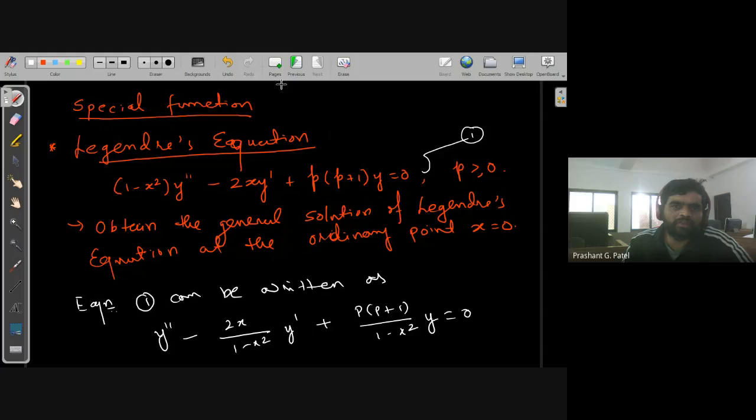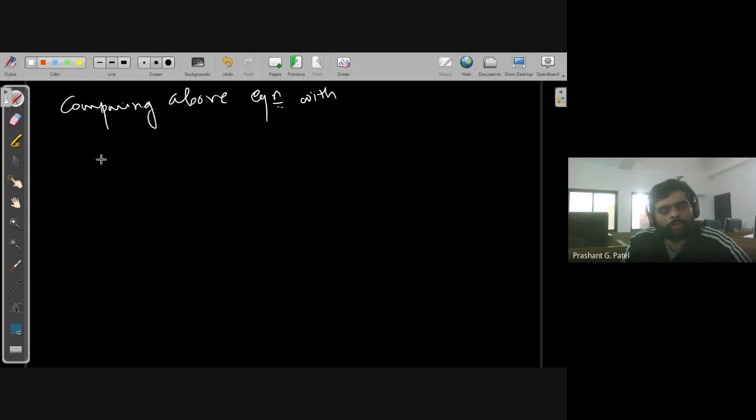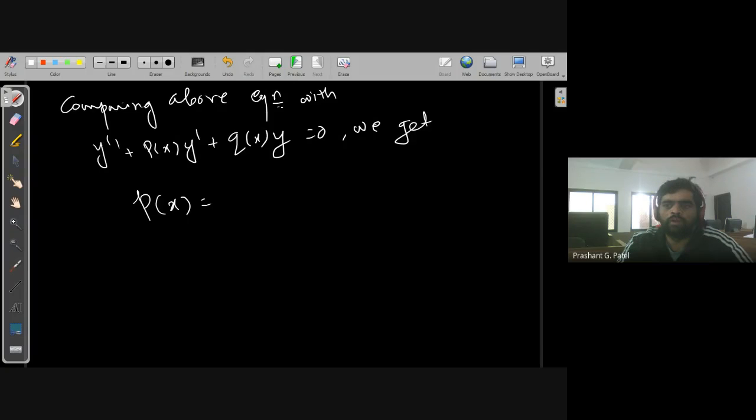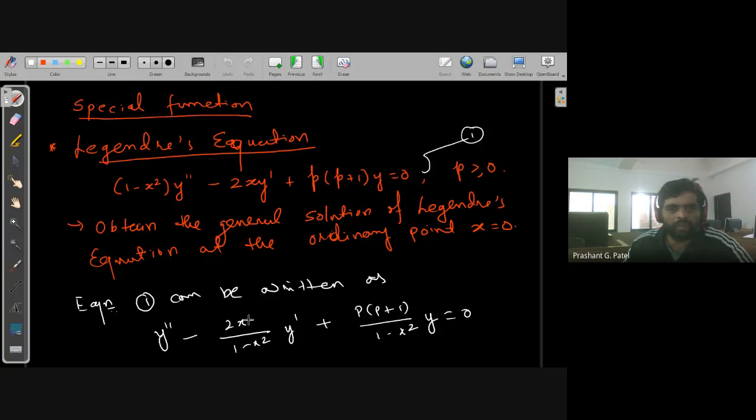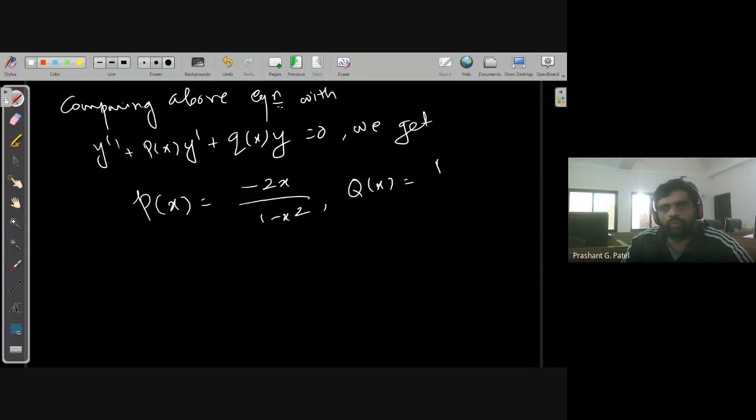Comparing the above equation with y double dash plus p of x y dash plus q of x y equal to 0, we get p of x equal to minus 2x upon 1 minus x square, and q of x is p(p plus 1) by (1 minus x square).